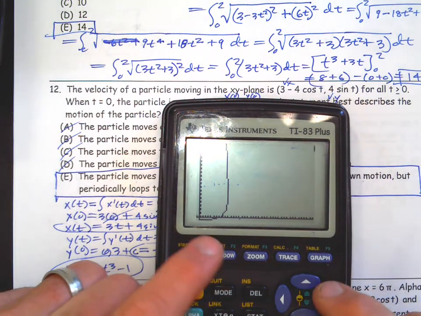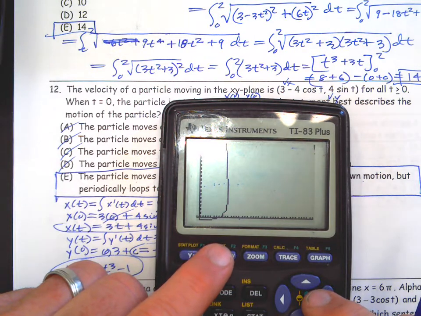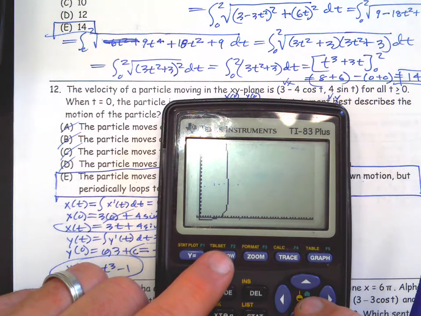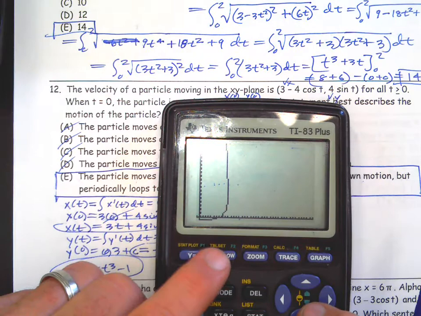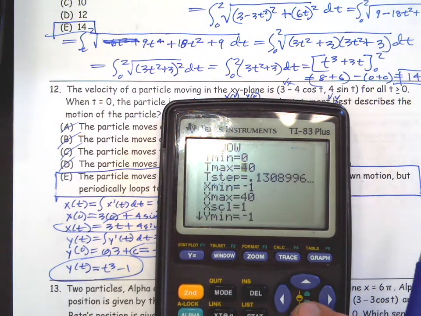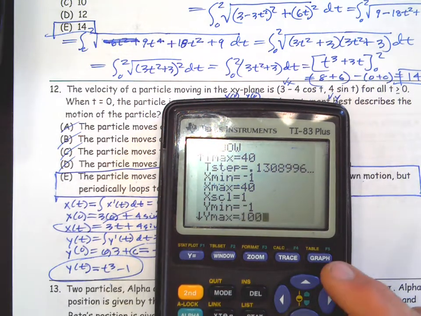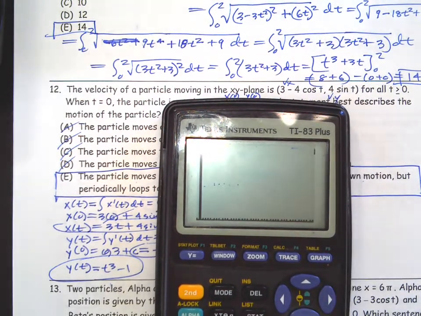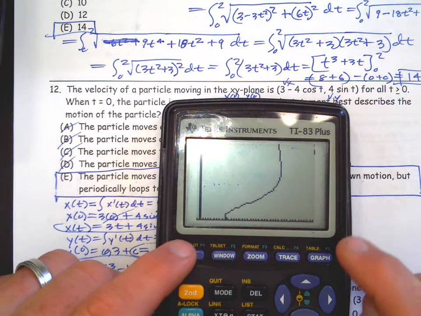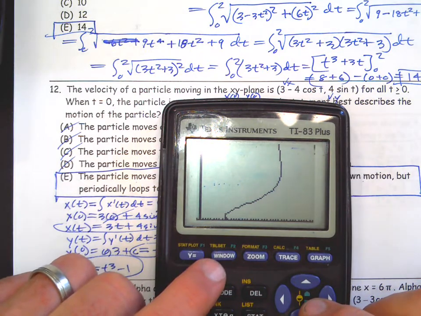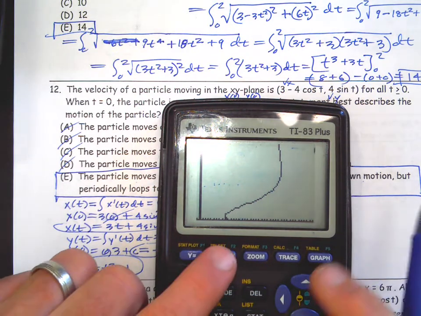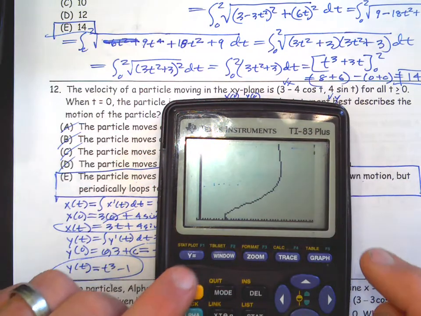My graph needs to be bigger or something. Yeah. So E makes the most sense. It's not always moving to the right. Maybe I need to make my y max really super tall. 1,000. Let's try that. There's the graph. Yeah, that is crazy looking. So I think it does come back, and then it's a weird looking graph.